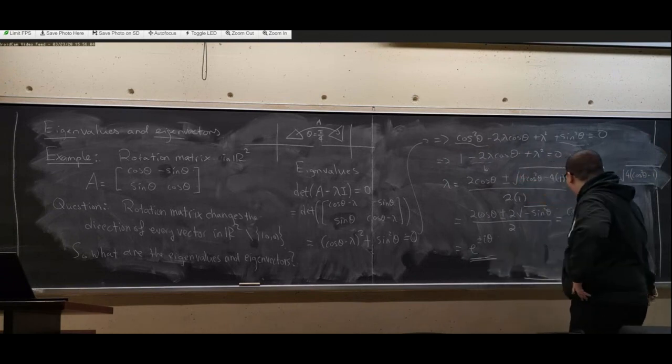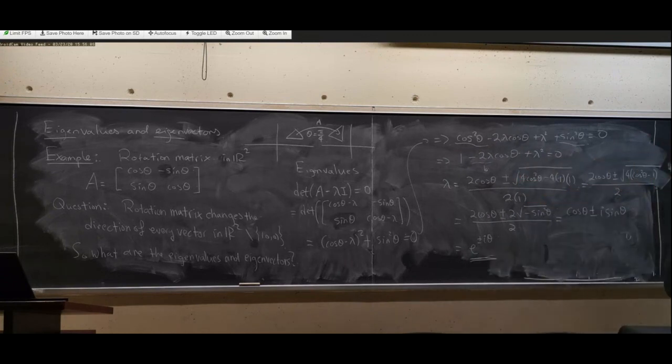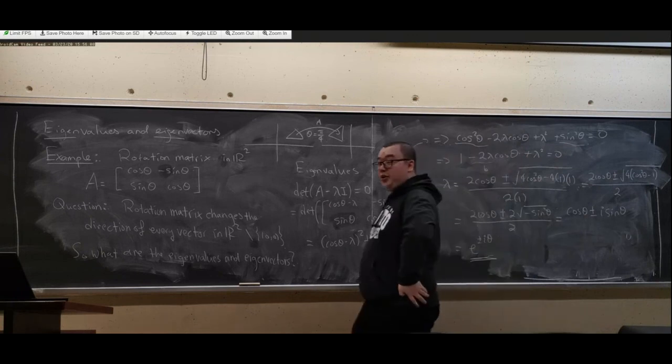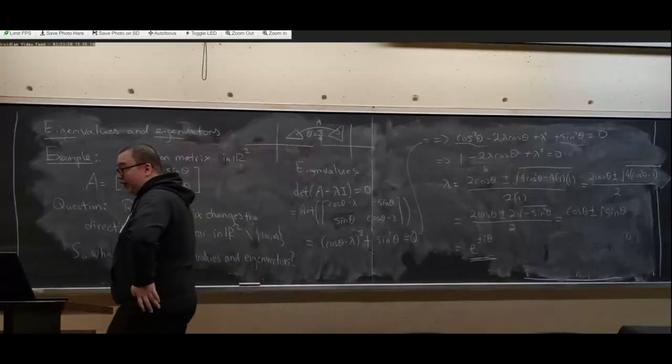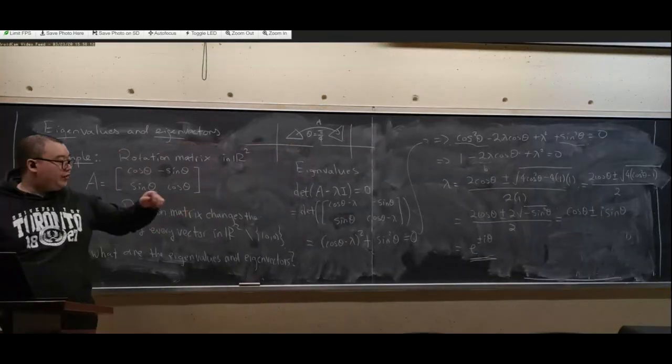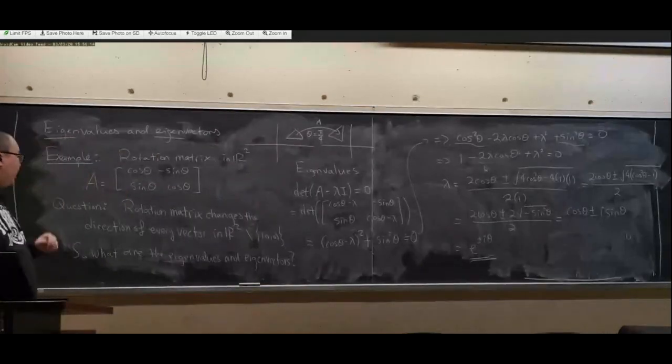Why is that? So we have our 2 eigenvalues. This is a 2 by 2 matrix. We should have 2 eigenvalues, and indeed, we do have 2 eigenvalues, right? e to the i theta and e to the minus i theta. So we have 2 eigenvalues that we don't know what to do with.